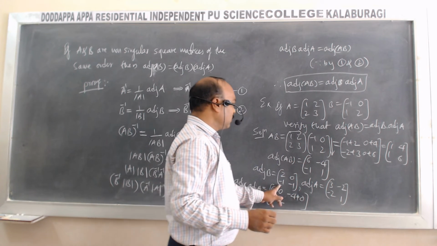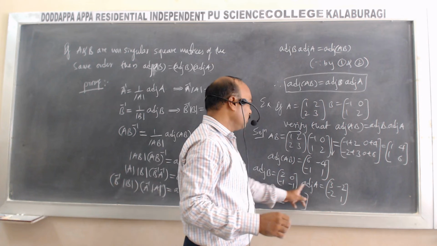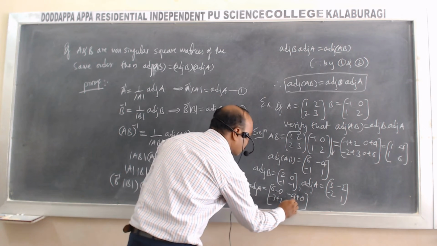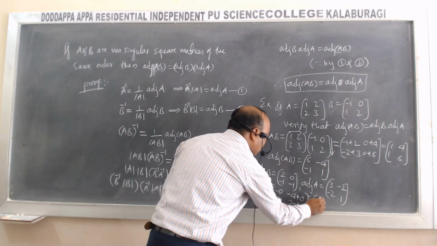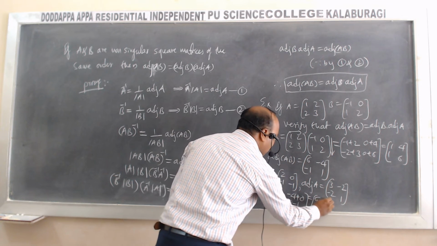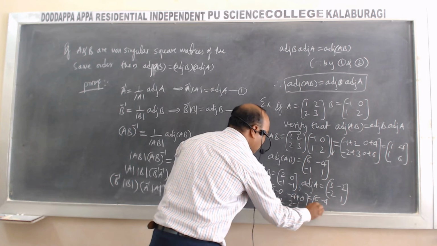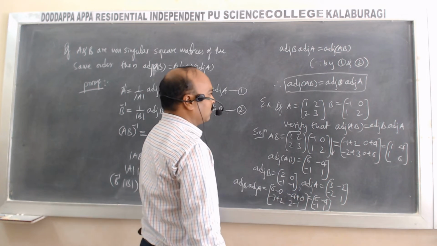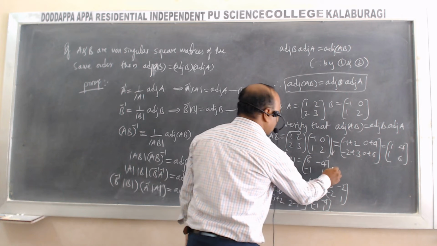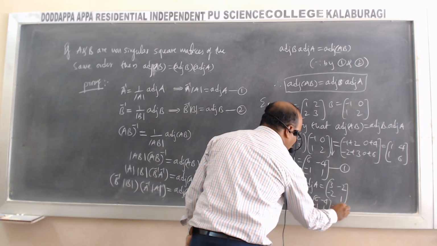Next element minus into -2 plus 2 minus 1. So we get, it is 6 minus 0, 6 minus 4, -3 plus 2, minus 1, it is 1. Now we can verify that it is 1, it is 2.